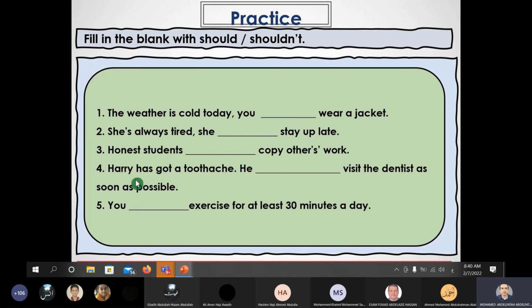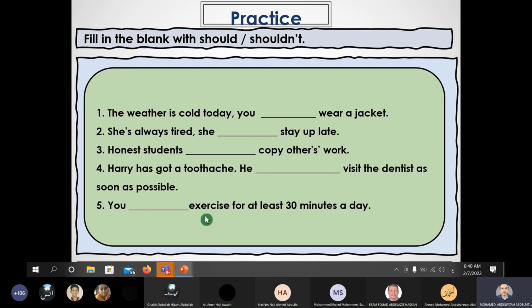Guess. 4. Harry has got a toothache. He won't visit the dentist as soon as possible. 5, and the last one. You what? Exercise for at least 30 minutes a day.